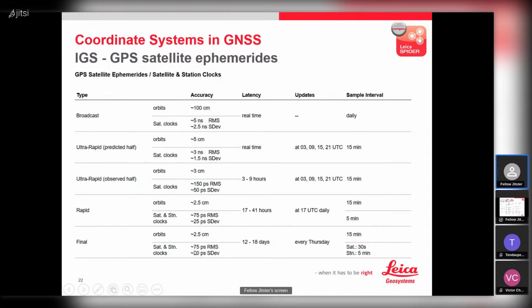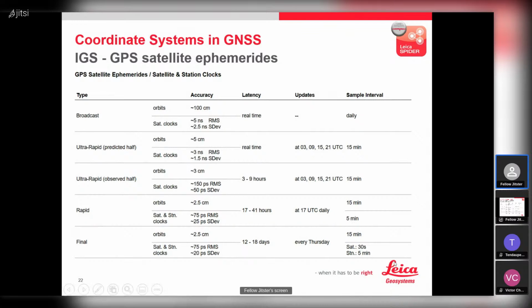We also have the accuracy of clocks on the satellites. You can see that this is 75 picoseconds. I don't even know how many zeros it is, but compared to 5 nanoseconds it's several hundreds of times more accurate.